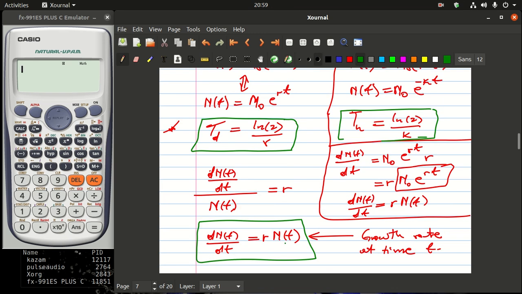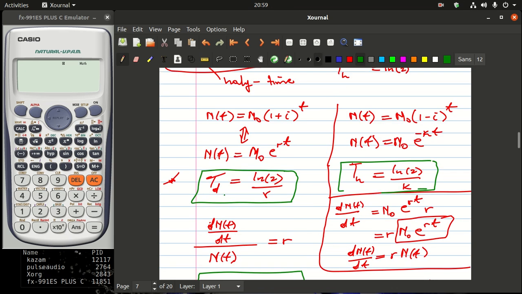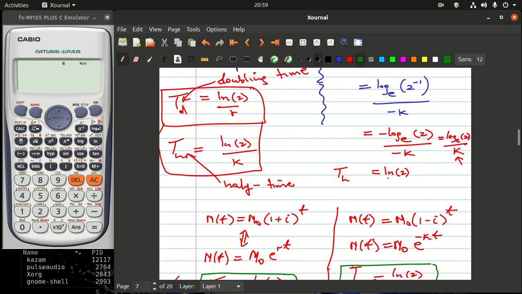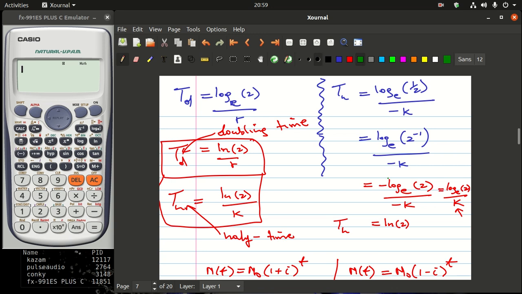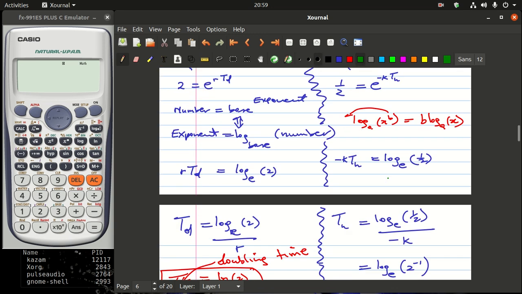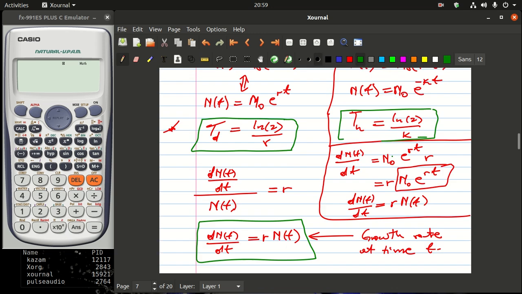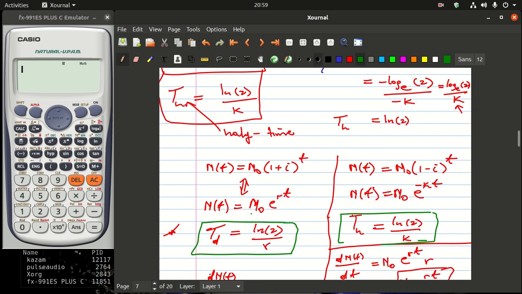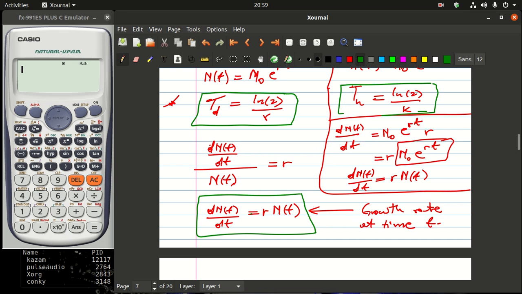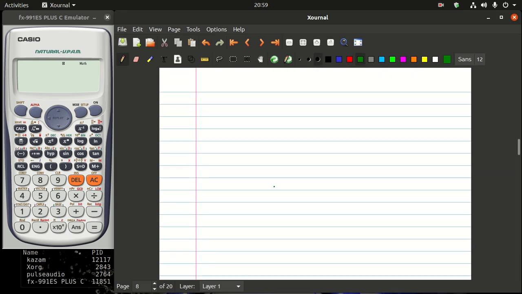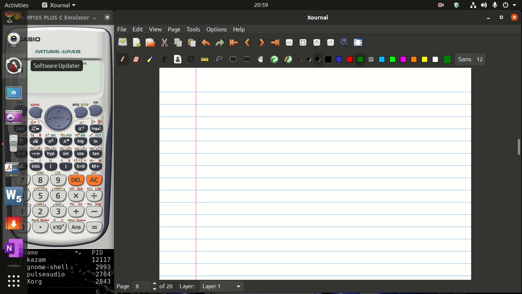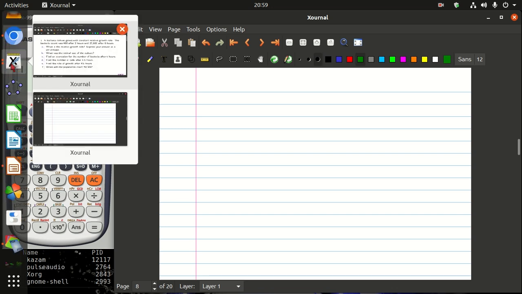You need to know this equation by heart, or know how to derive it. This equation, that equation, you need to know by heart or derive them. And also these basic equations here, those are the equations that you need to know by heart.